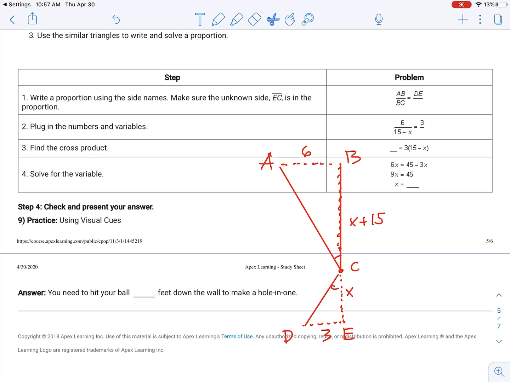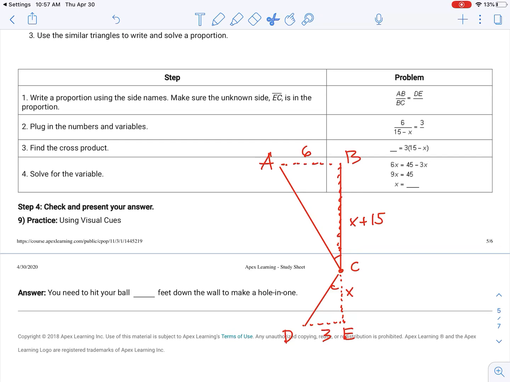Okay. So this is saying AB over BC is equal to DE over what? So we have AB over BC.